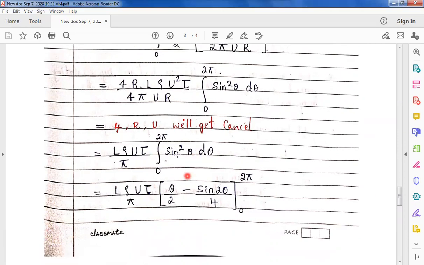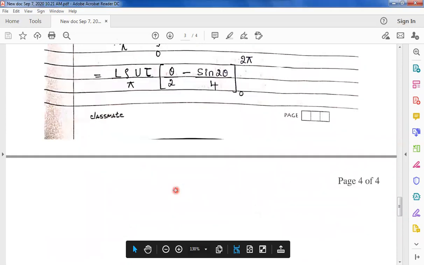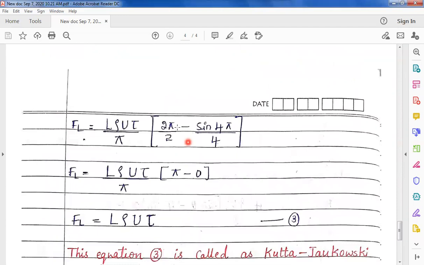So after integrating, you will get the value of sine square theta d theta as theta by 2 minus sine 2 theta by 4. So put the limit values in this. Okay, so after putting that limit value, you will get 2 pi by 2 minus sine 4 pi by 4. This 4 will get cancelled, this 2 will get cancelled.